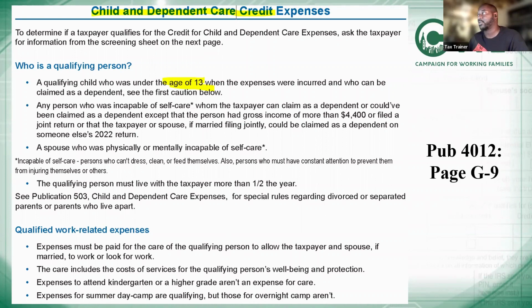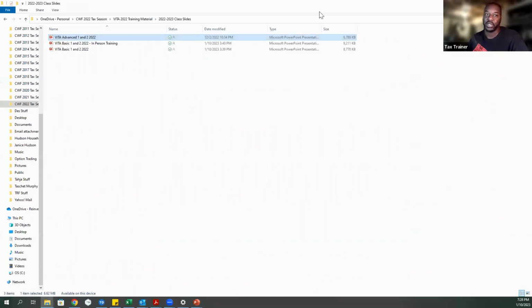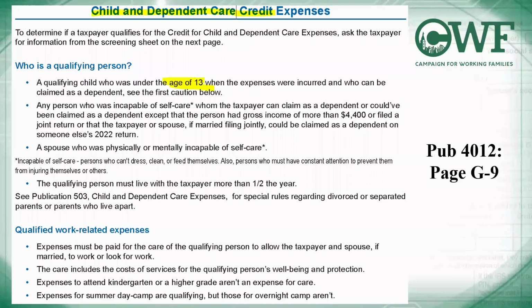And you don't get it because one of them wasn't working, and they don't understand that. But that's just the IRS rules. You have to both be working. Right. Because the IRS is saying somebody's home, they could be watching that baby. Why am I giving you a credit for something somebody could have been at home doing?